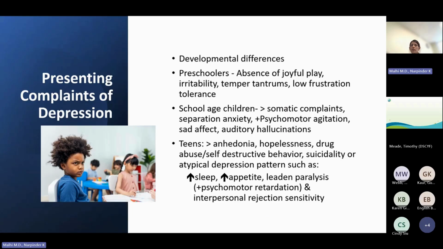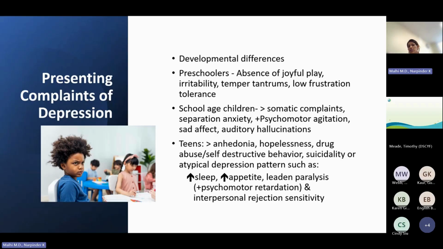As you know, children may present slightly differently from adults when they are experiencing symptoms of depression or a full episode of depression. In preschoolers, you may see more irritability, temper tantrums, low frustration tolerance, absence of joyful play. In school-age children, we see more somatic complaints, agitation, irritability, and some of them can have auditory hallucinations as well.